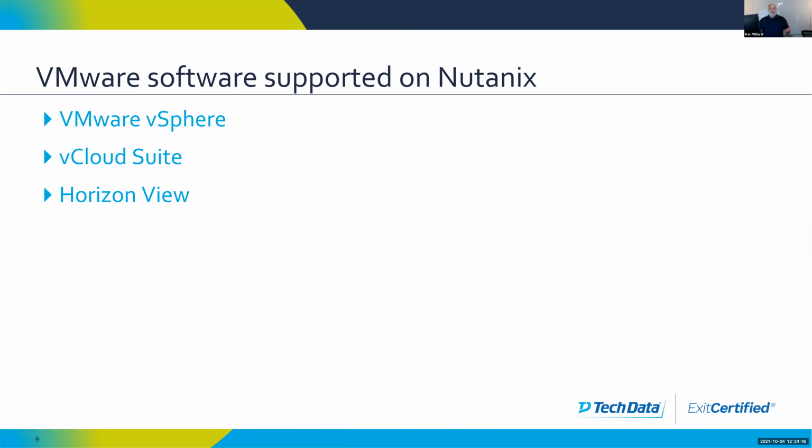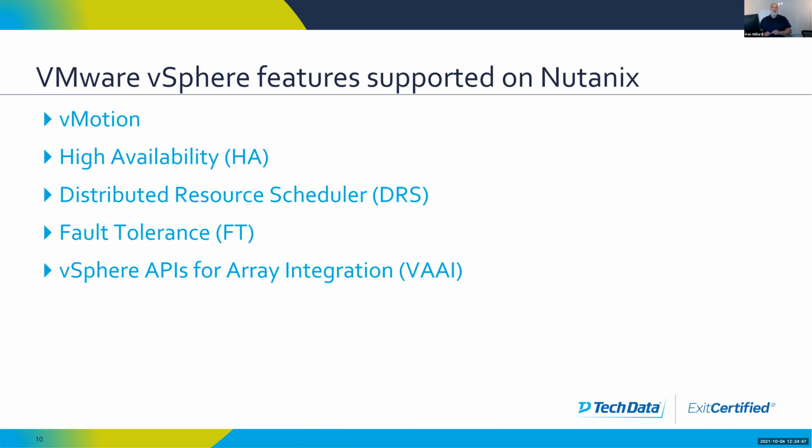When we look at vSphere specifically and break down what functions of vSphere are supported, folks, it's all the stuff that we would want to do. Anything that we would do in any other storage-backed vSphere architecture, we're going to get with the Nutanix distributed storage fabric solution running the ESXi Hypervisor.